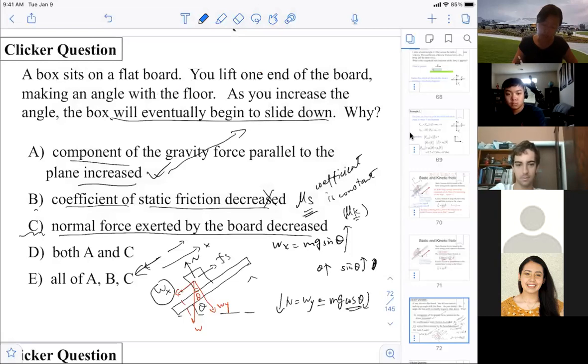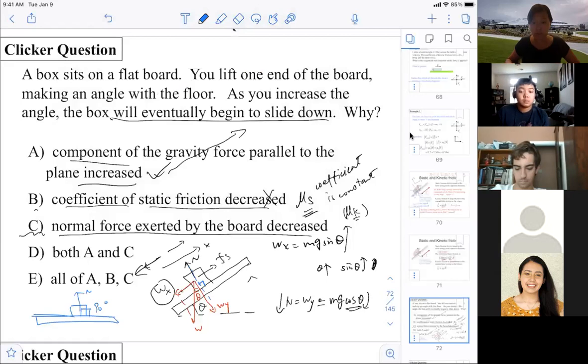But if we are looking at X and Y as parallel and perpendicular to the ramp, normal force is always pointing perpendicular to the ramp. Even when we are flat, it is pointing in a different direction, but it's still perpendicular to the ramp. When it's tilted, it's still perpendicular to the ramp. So one might argue, well, even though it has changed directions, it's still perpendicular to the ramp, so it's not going to contribute anything to the forces along the ramp.